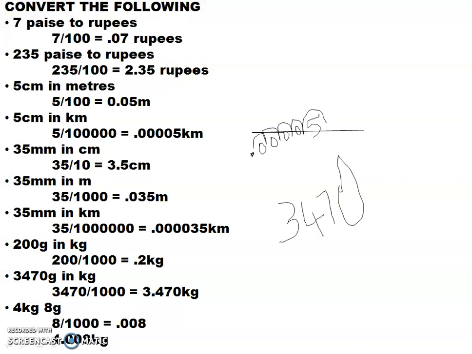Okay. Here you are going to divide by 1000. I am telling you again, you will start from the right end. So, 3 zeros in 1000. So, 1, 2, 3. Okay. You will put the decimal point here. So, the answer is 3.470.